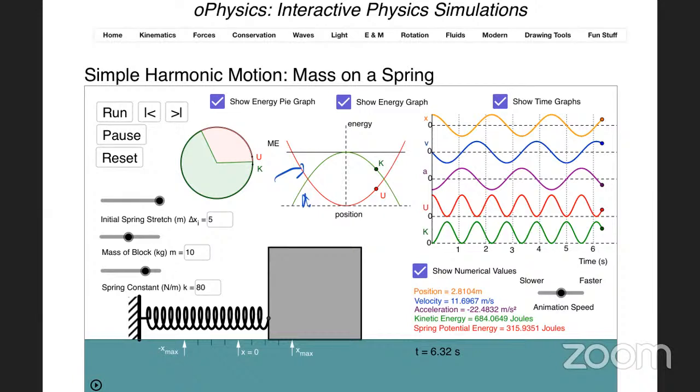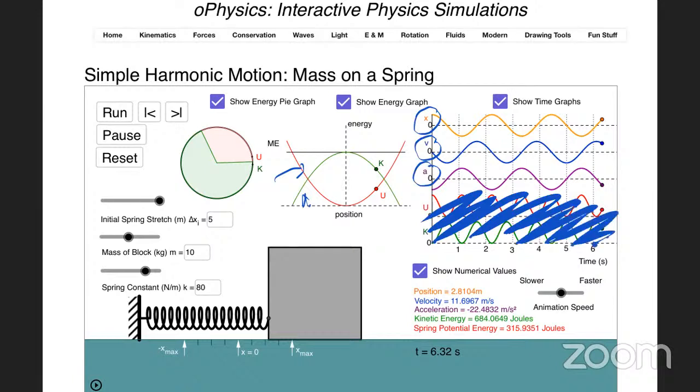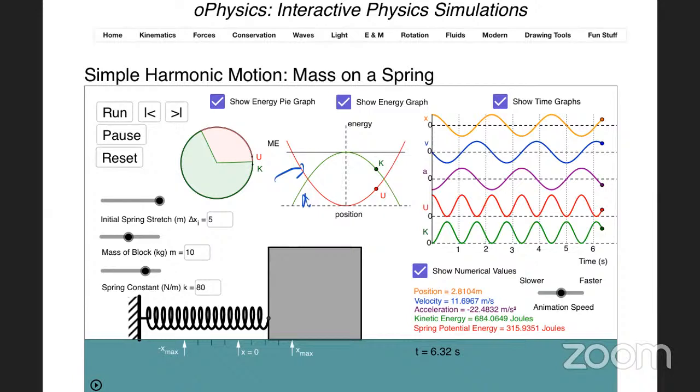So it appears to be simple harmonic. But look at the graphs of displacement, velocity, and acceleration.